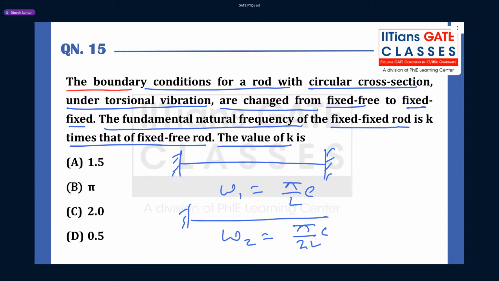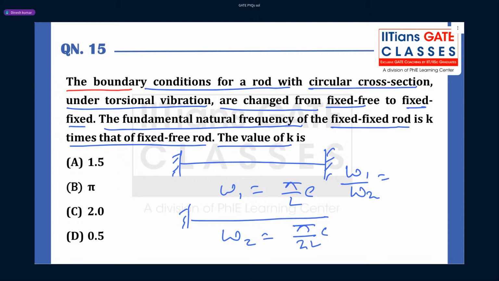Now, what they asked here, guys, is the ratio of fixed case to fixed free. So in this problem, they asked omega 1 by omega 2. So what is omega 1 by omega 2?